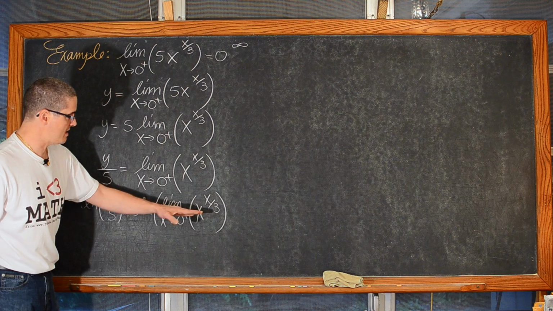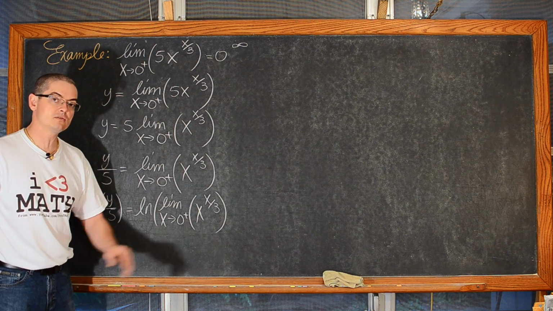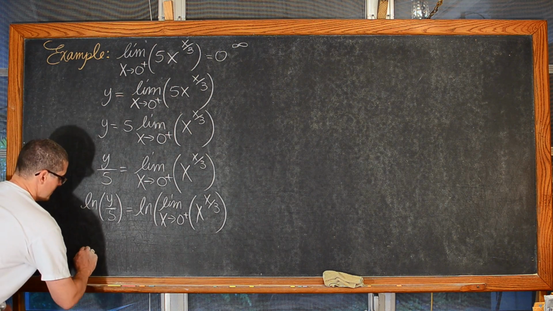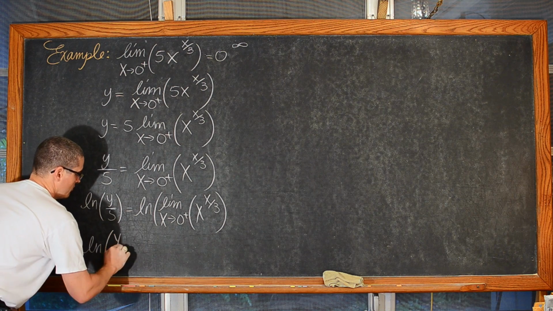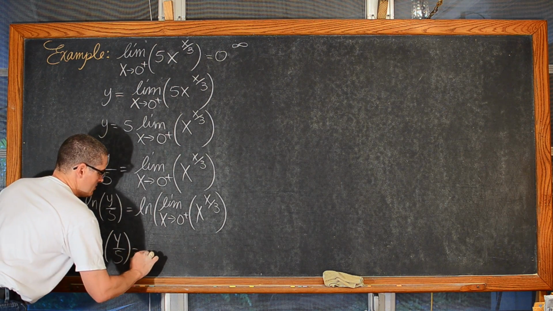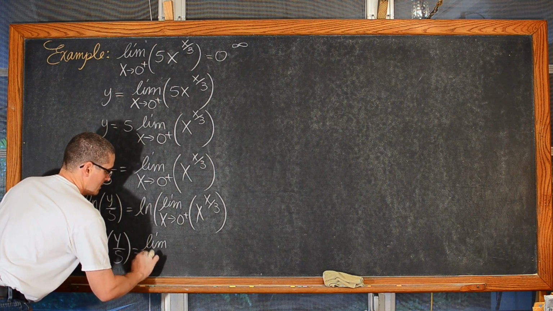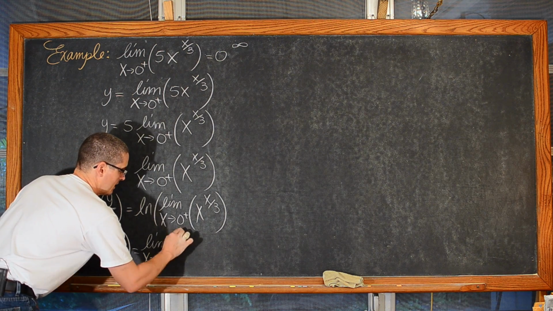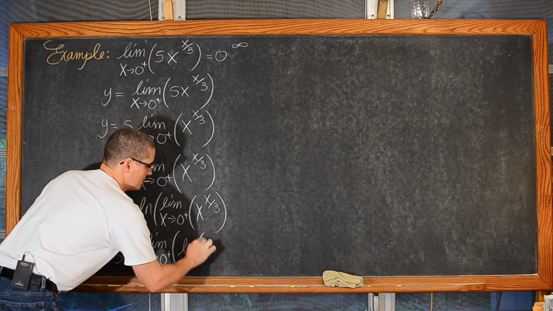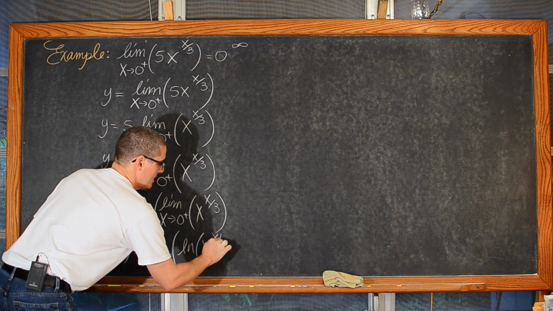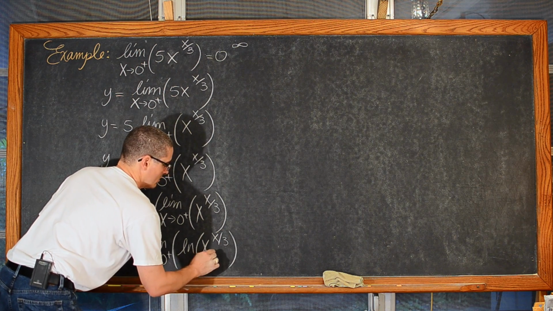So that means I can take this natural log function and bring it into the limit notation, and have the natural log of y over 5 is equal to the limit as x approaches 0 from the right of the natural log of x to the x over 3 power.